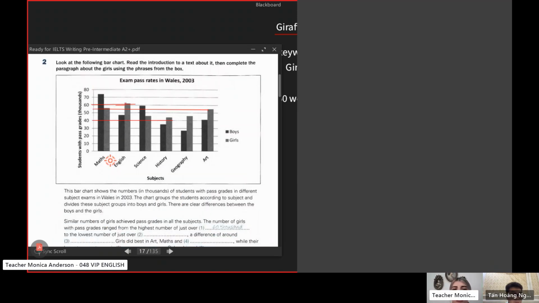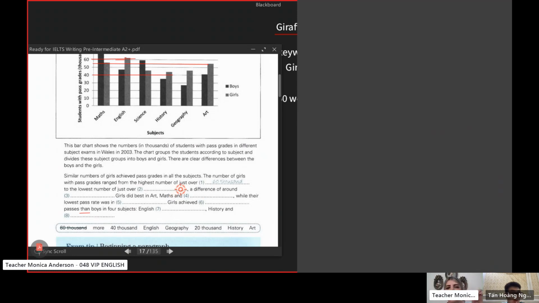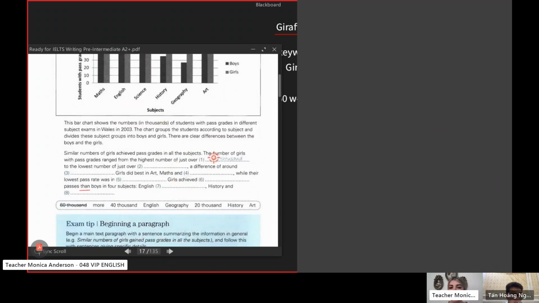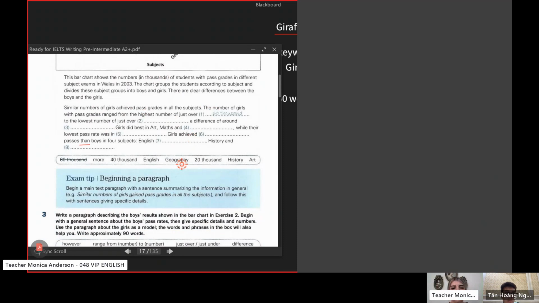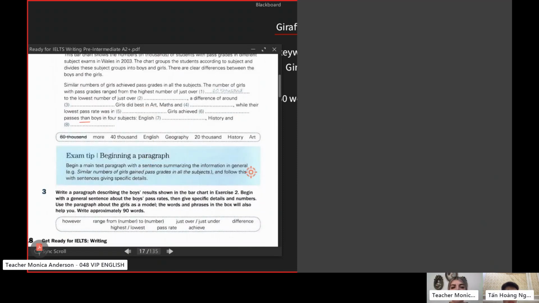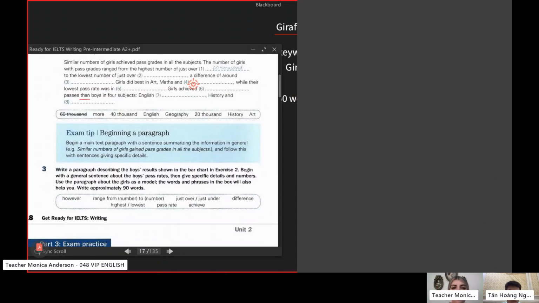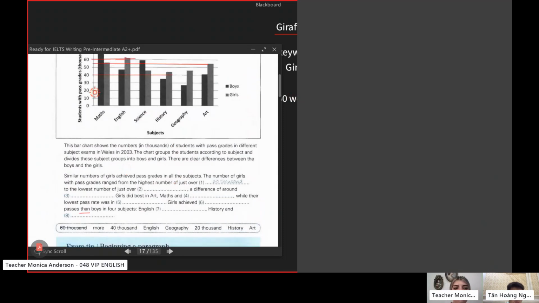You only need to pay attention to the information of the bar chart, and if you pay attention, you can find the details. Well, that is really easy. So as you can see, we have the introduction, and of course, we have the second part. Of course, we don't have a really good overview, but it's okay. We can consider it as an overview. So this is the second part about the bar chart.